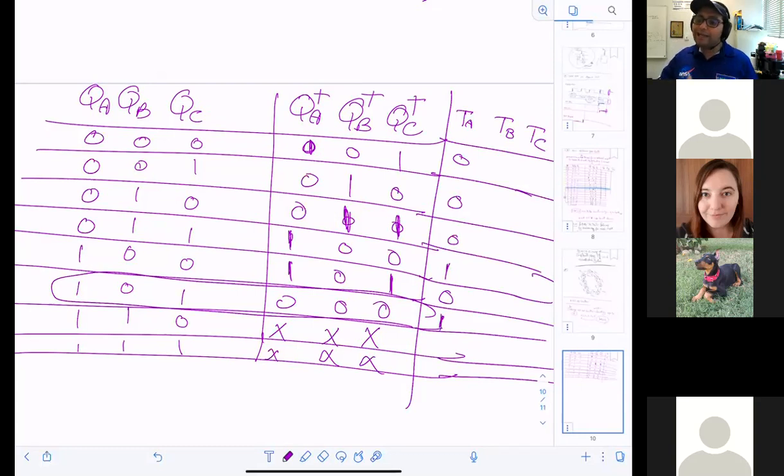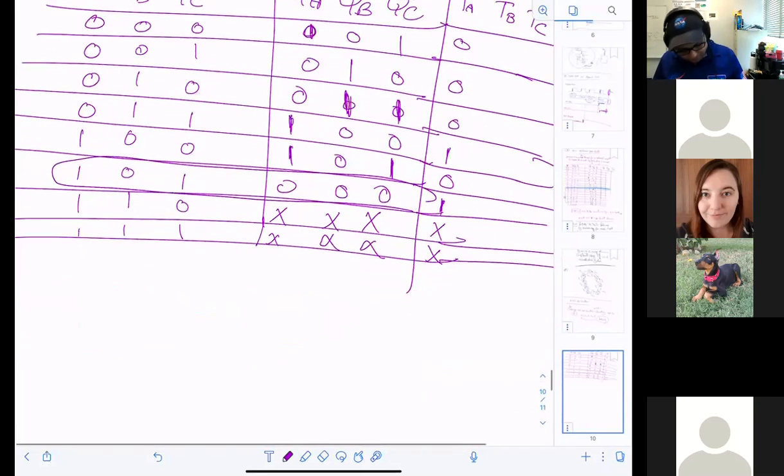If 1 XORed with X, what will the output be? X, exactly. Now, if you're going to make the K-map, you will appreciate this. You guys agree?